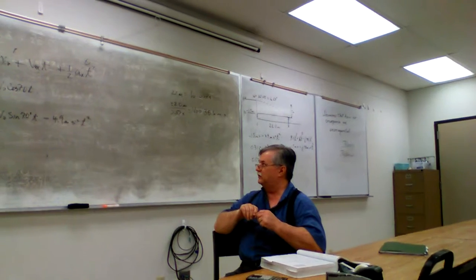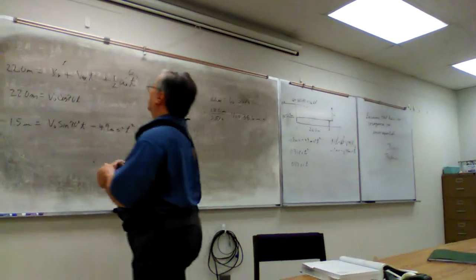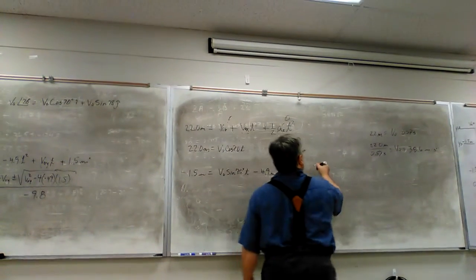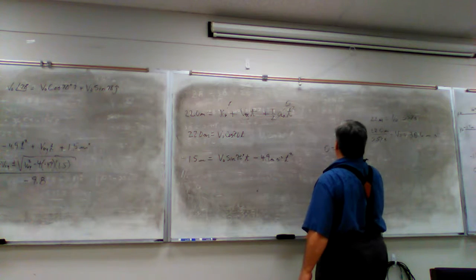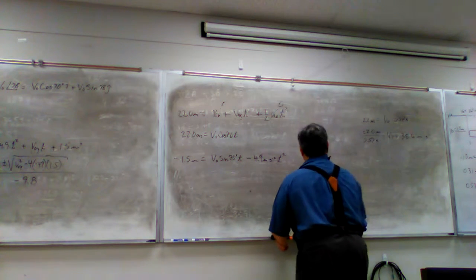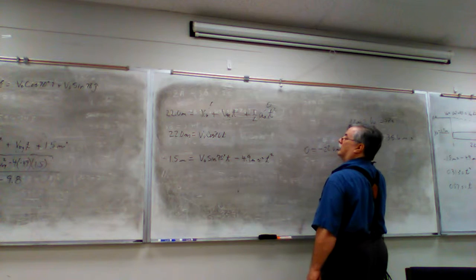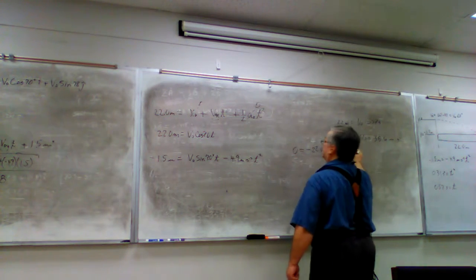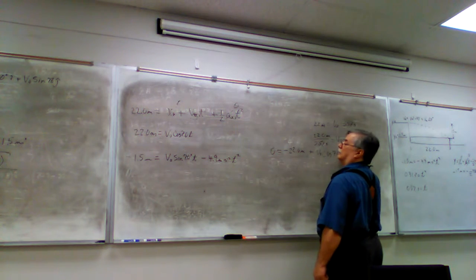How would we go about solving two equations and two unknowns here? Well, we can start by making them look a little better. 0 equals minus 22.0 meters plus v sub naught cosine 7 times time.